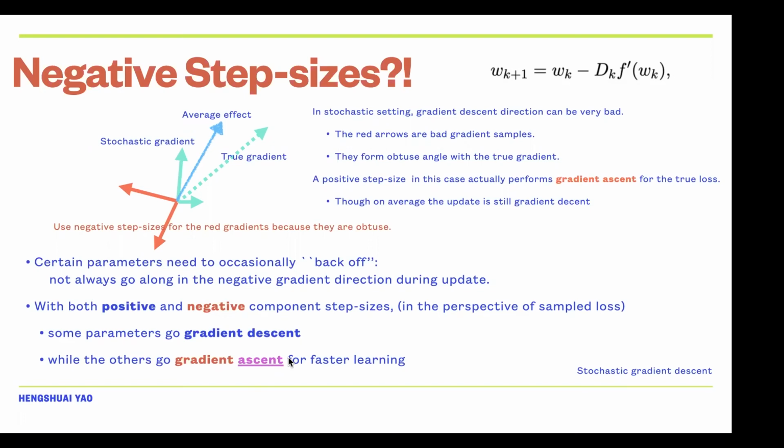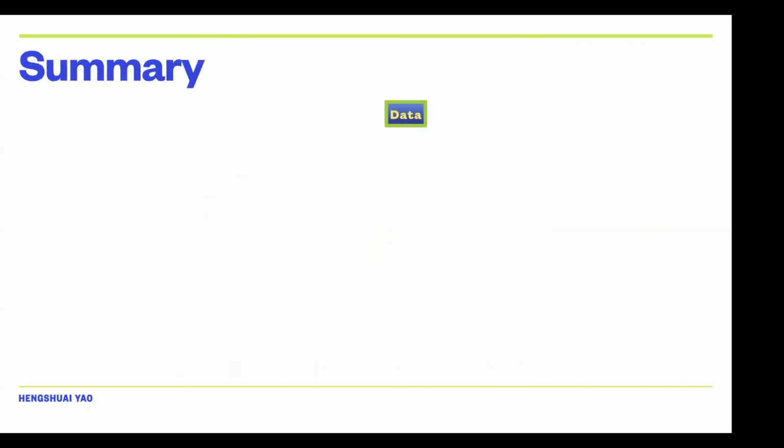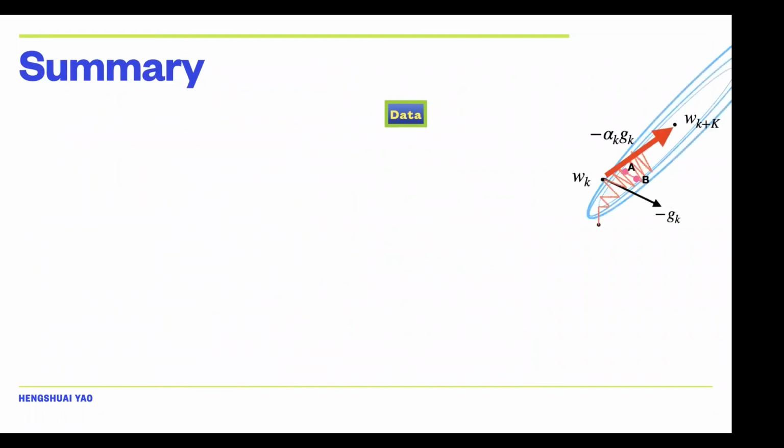Okay, so I also have an example for people who love convex. But before presenting the convex problem, if we have time, let's briefly summarize the presentation. We promised we're going to use this single figure to illustrate the four ideas in the paper.